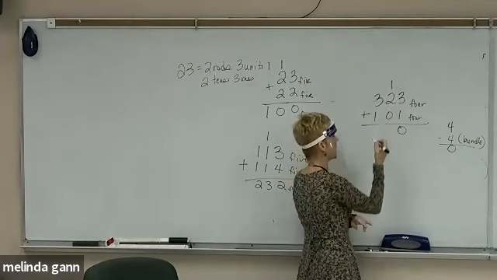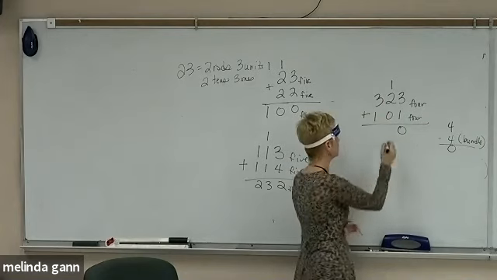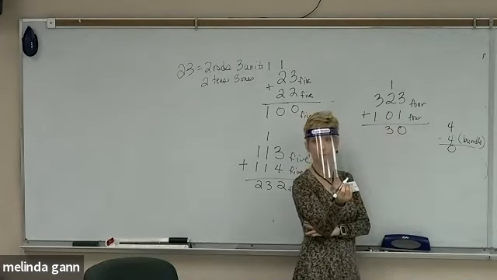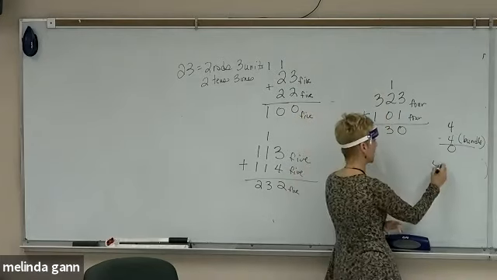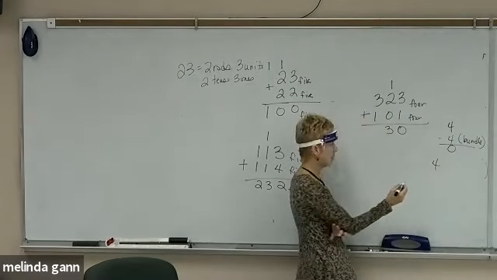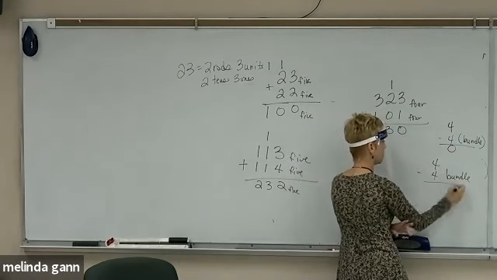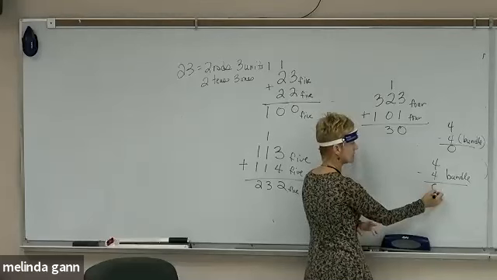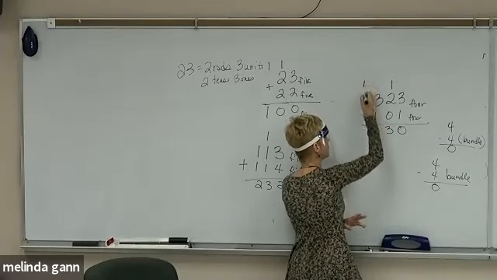What does this column add up to? 3. Do I need to make a bundle? No. What's that column add up to? 4. Can I make a bundle? Yeah, I'm going to take that bundle out then. How many is in a bundle? 4. What's that leave me? 0. But I've got to carry my bundle.